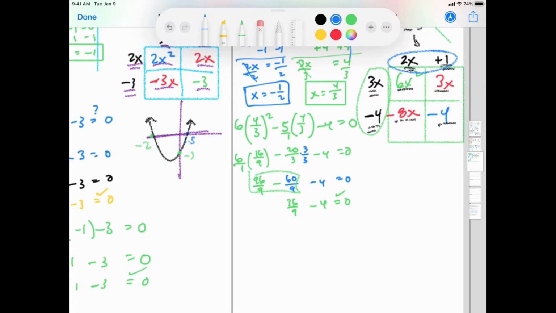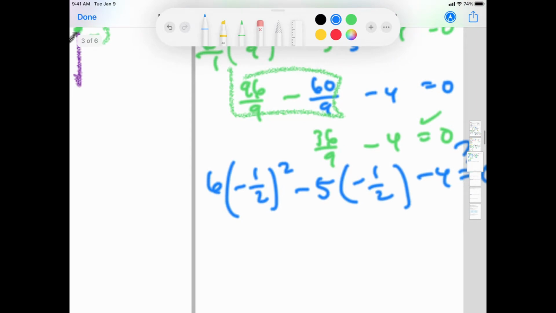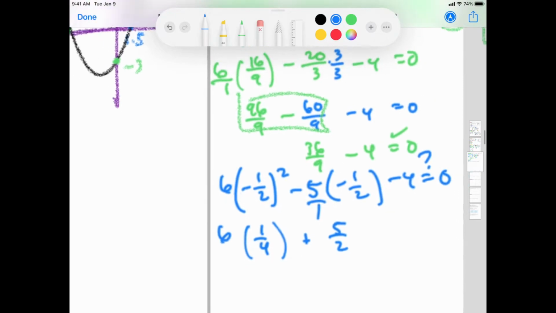Let's go ahead and check 4/3. What? That was great. Okay, sorry. I'm coming down. X equals negative 1/2. 6 times negative 1/2 squared minus 5 times negative 1/2 minus 4. Okay, 1/2 times 1/2 is 1/4. Just multiply across. Negative times negative is positive, and that gives me positive 5/2.